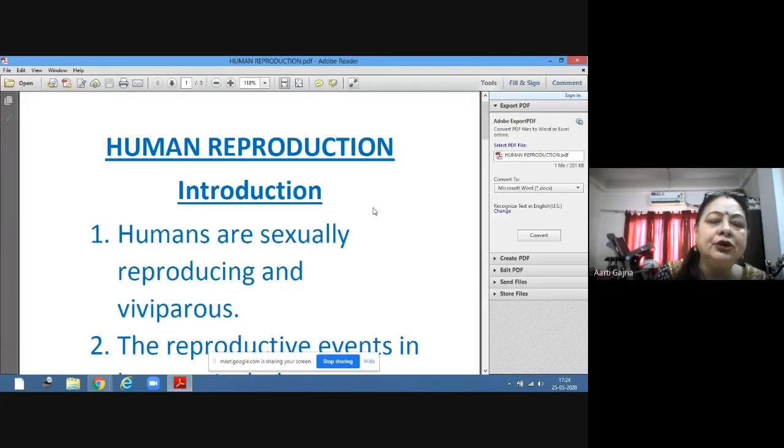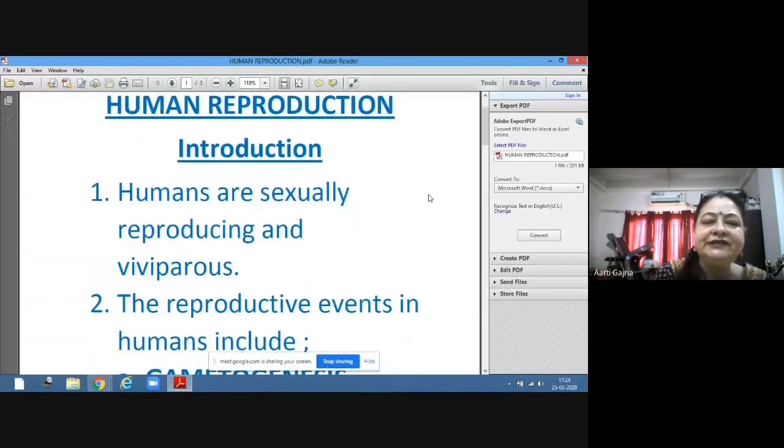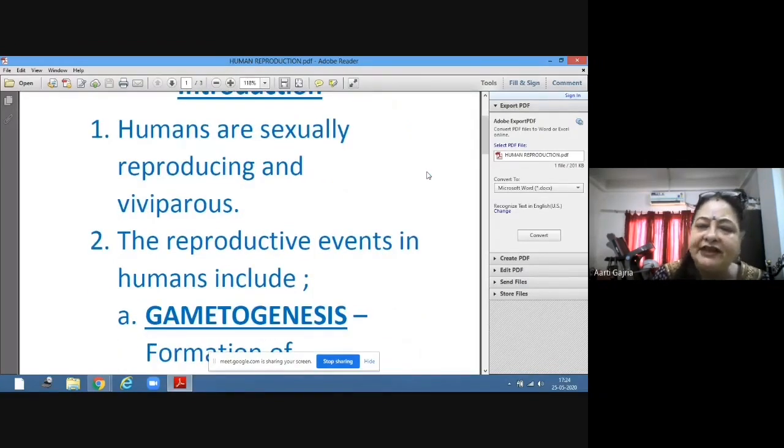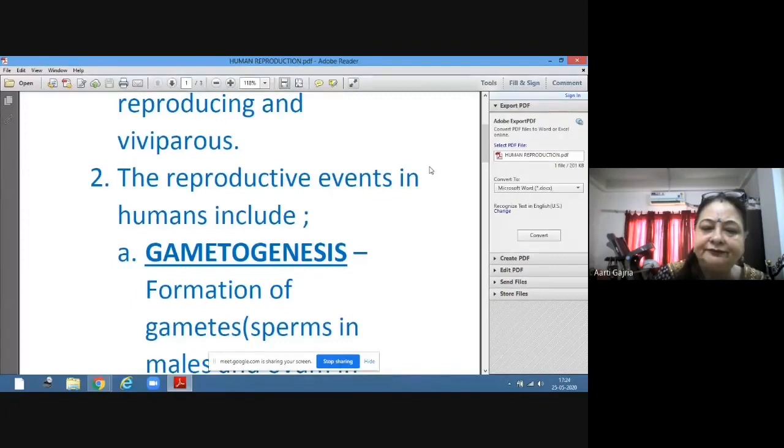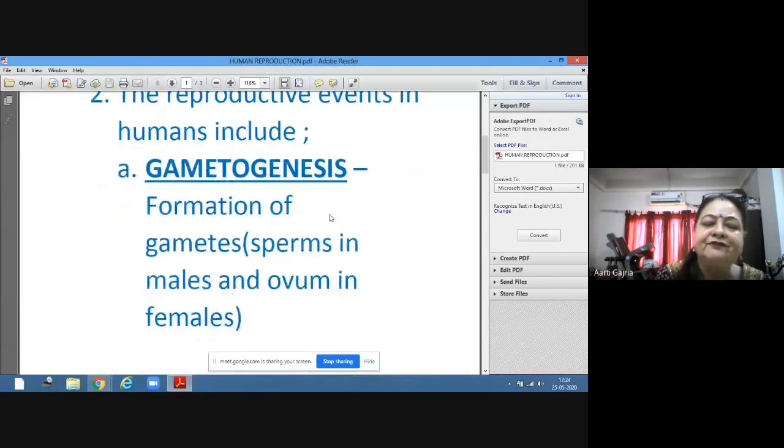So first of all, we will see this terminology before we proceed further. If you see the introduction of human reproduction, we can say that humans are sexually reproducing and viviparous. And the reproductive events which are taking place in human beings are gametogenesis, that is formation of gametes, sperms in case of males, and ovum in case of females.